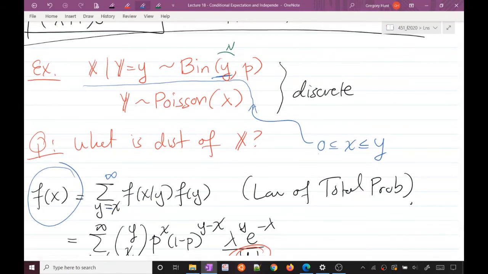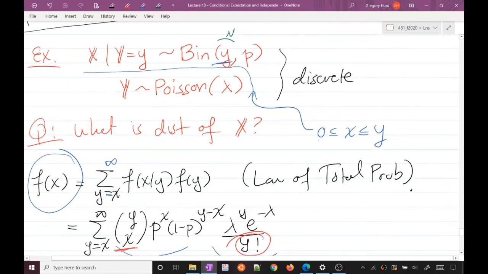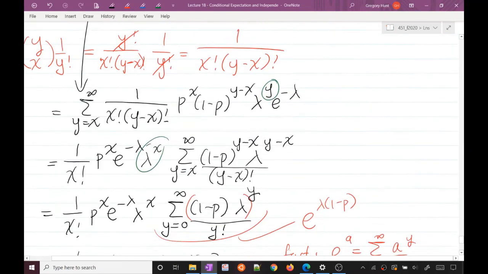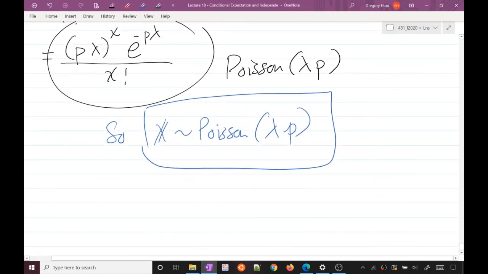So the problem was, originally, I generate y as Poisson. Given whatever I generate for y, I generate a binomial with number of trials equal to y. What is the distribution of that thing? Ultimately, it's another Poisson, but I've adjusted the rate parameter.